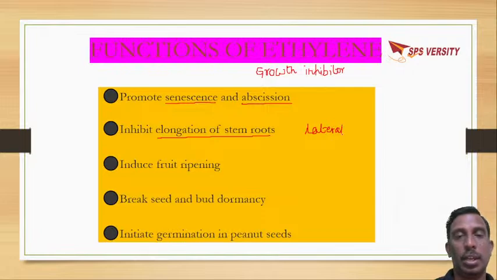So when the elongation is inhibited, it will promote the lateral growth. Induce fruit ripening.